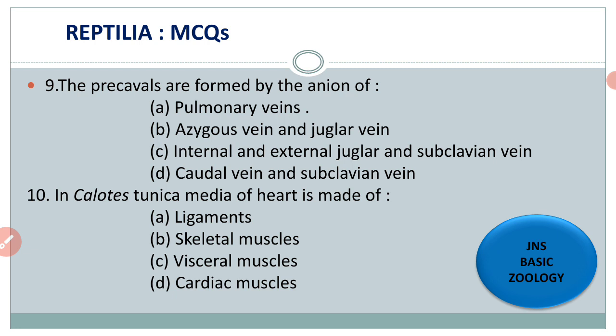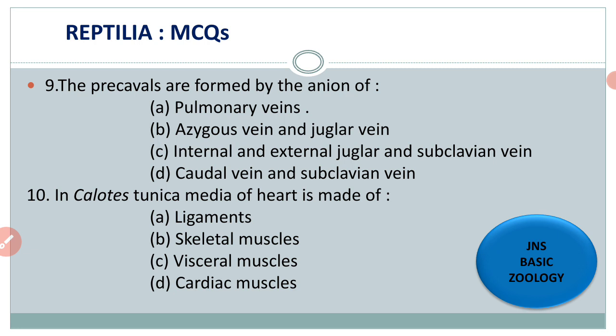It is made by the union of internal and external jugular veins and subclavian veins. The jugular veins collect blood from the respective side of the head, and the subclavian collects blood from the forelimbs.